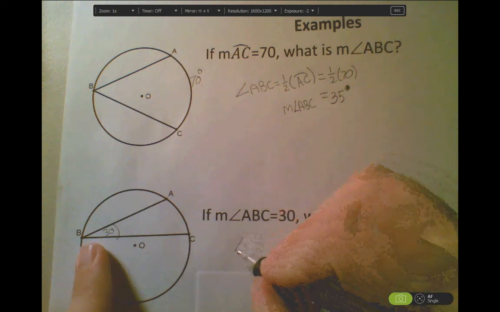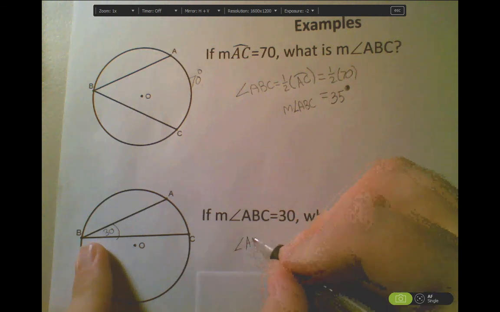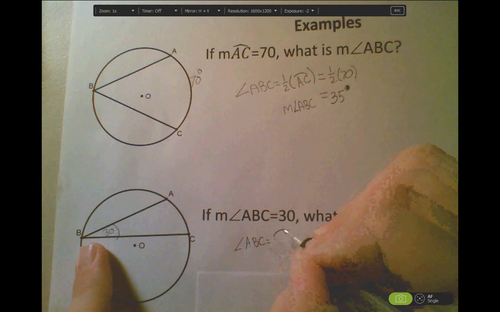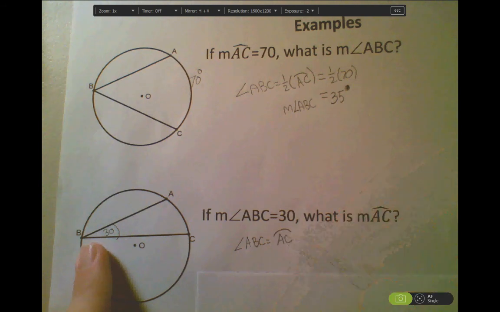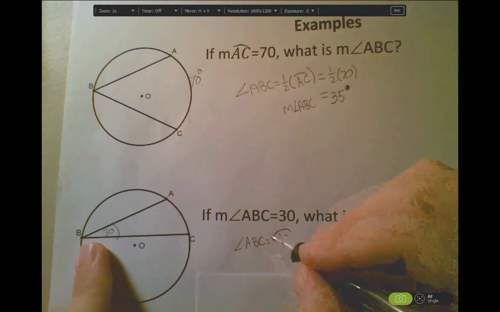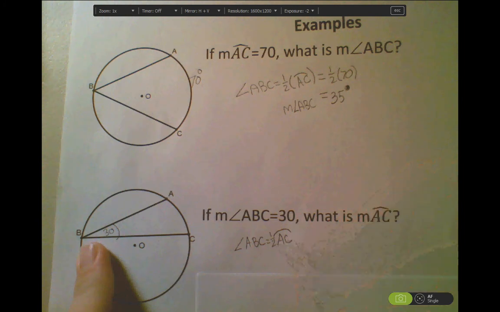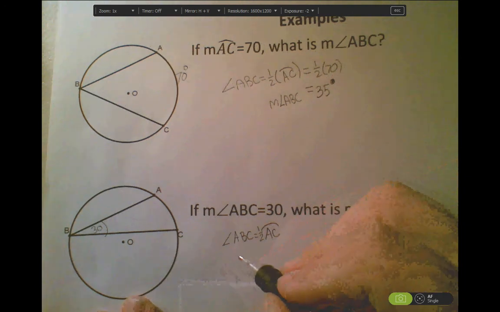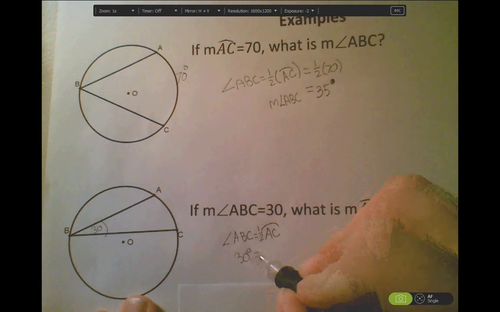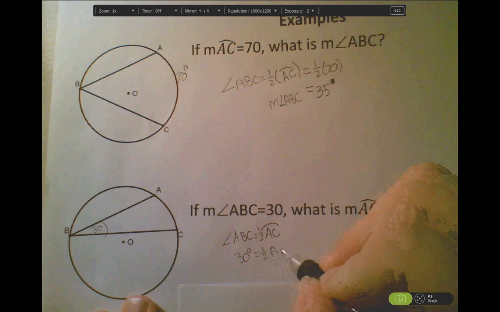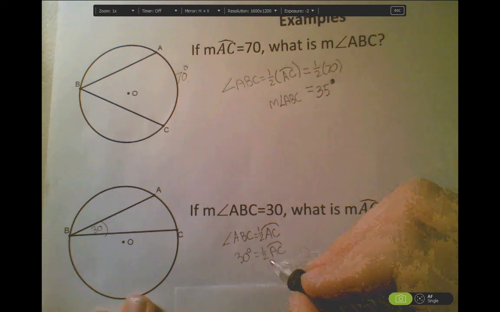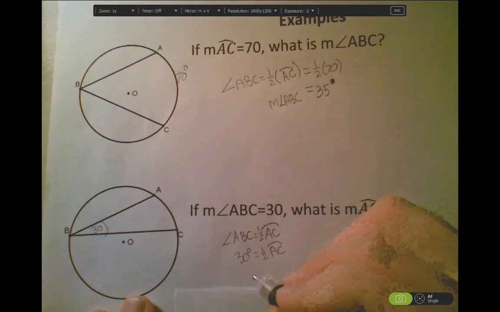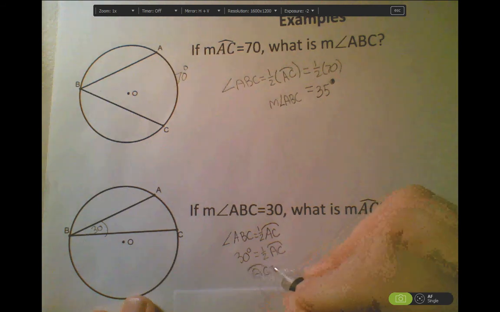The measure of angle ABC is equal to 1/2 of the arc AC. So I know the measure of angle ABC is 30 degrees, and that's equal to 1/2 of AC. Algebraically, we can multiply both sides by 2, and I end up getting that arc AC is equal to 60 degrees.